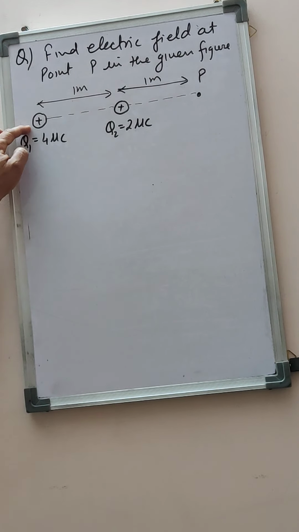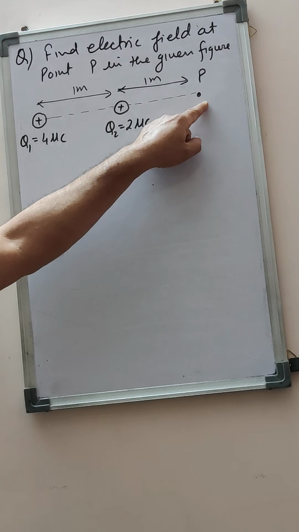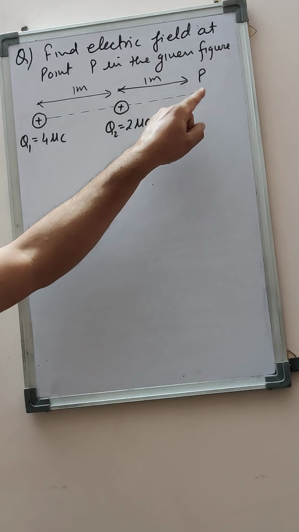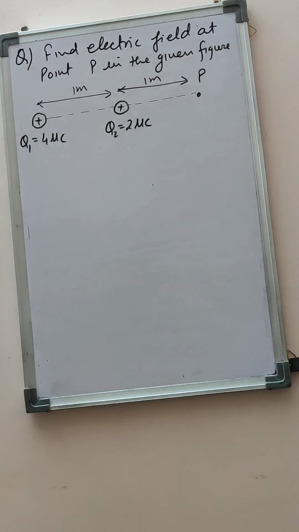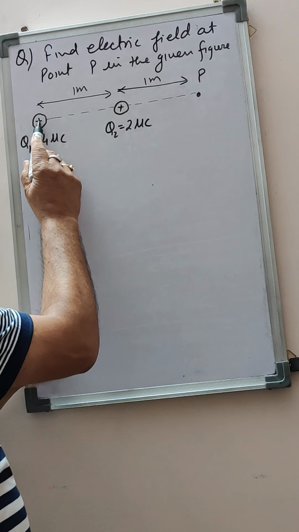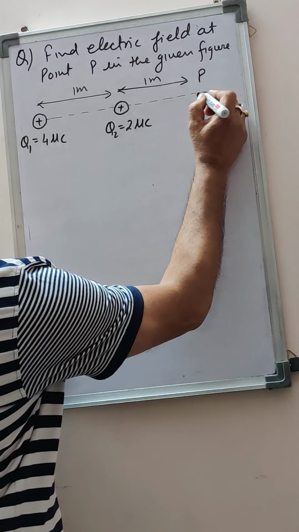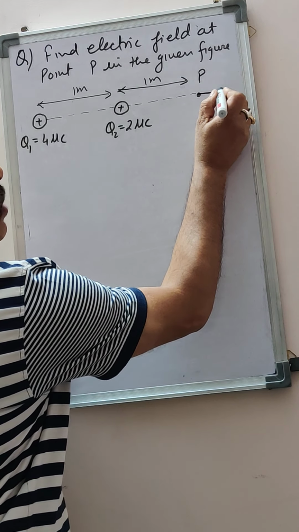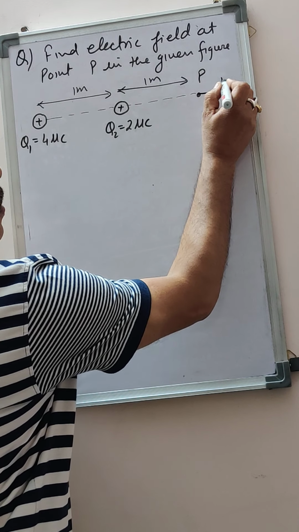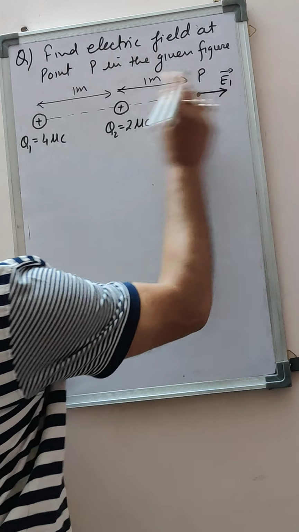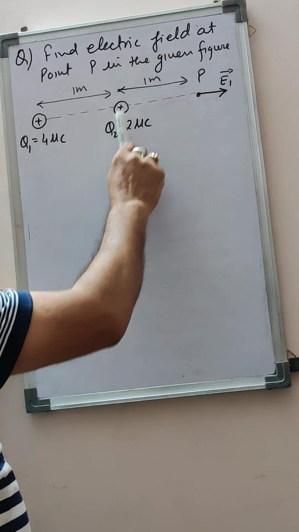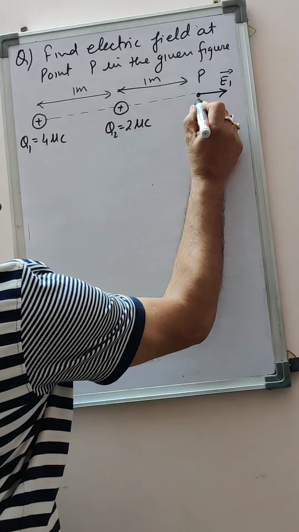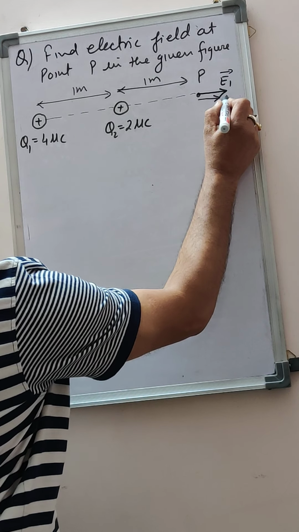Now Q1 will produce its field over here and Q2 will produce its field, and then you will take the vector sum of those two fields. Field due to positive charge is away from the charge, so E1 in this direction. Field due to this positive charge is also away, so E2 also in the same direction.